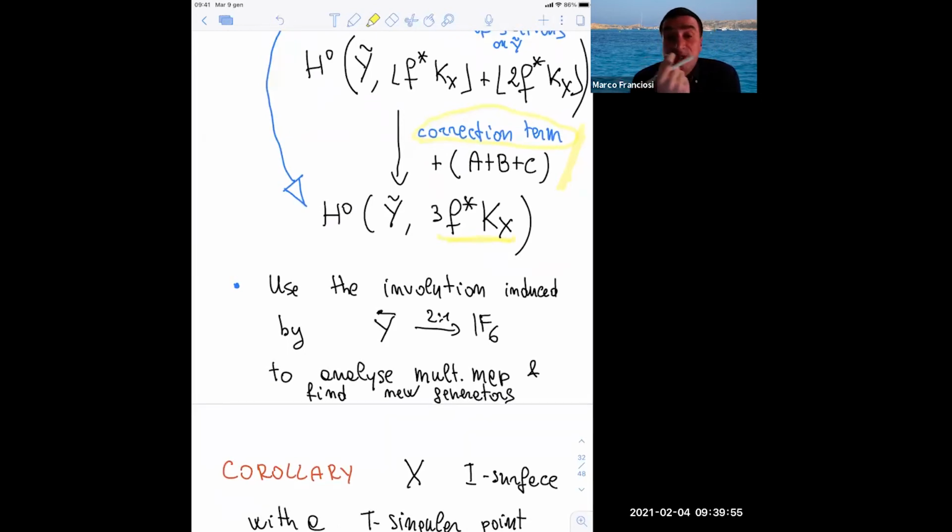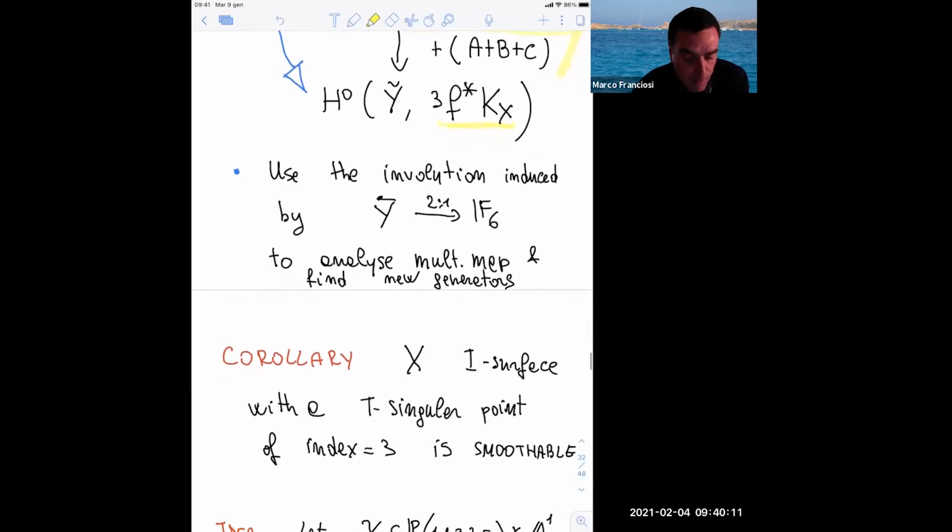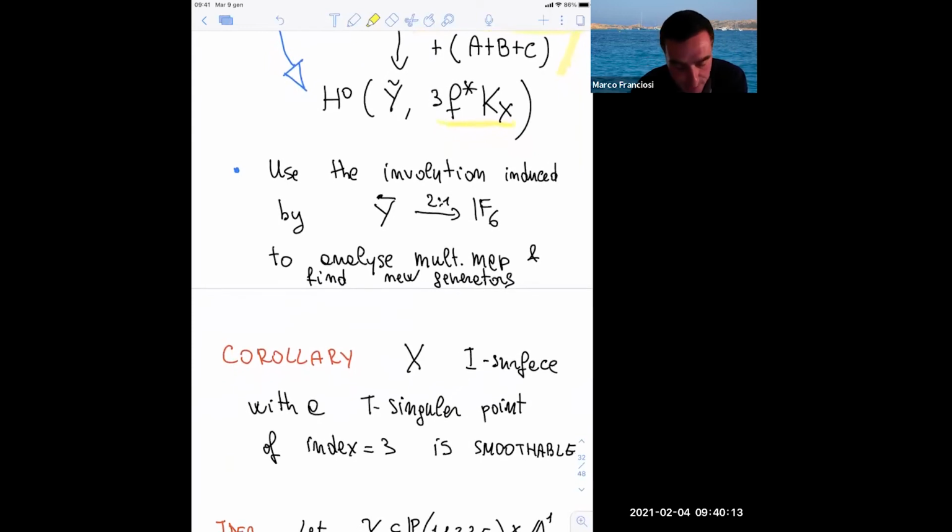So we have to choose a new generator in degree 5. And using the involution, we found a good generator, which is stable under the involution. This is our geometric approach to study the algebraic part of the canonical ring.